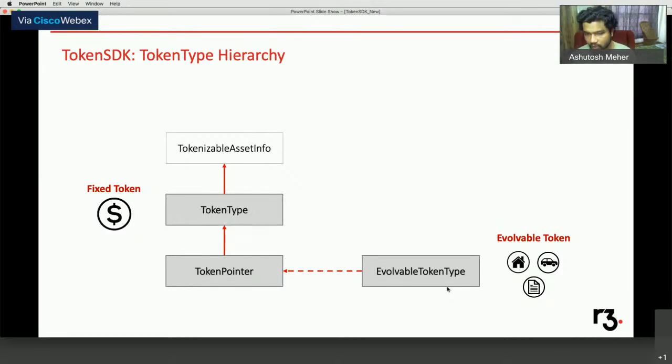Yeah. A little bit of something to understand here is that the evolvable token type is not a direct subtype of the token type, and we'll try to understand why. That's because when you issue a token of a fixed token type, let's say for a currency, and I'm issuing 100 amount of rupee, then I could say that this token is of type rupee, and I could directly embed that information onto the issued token.